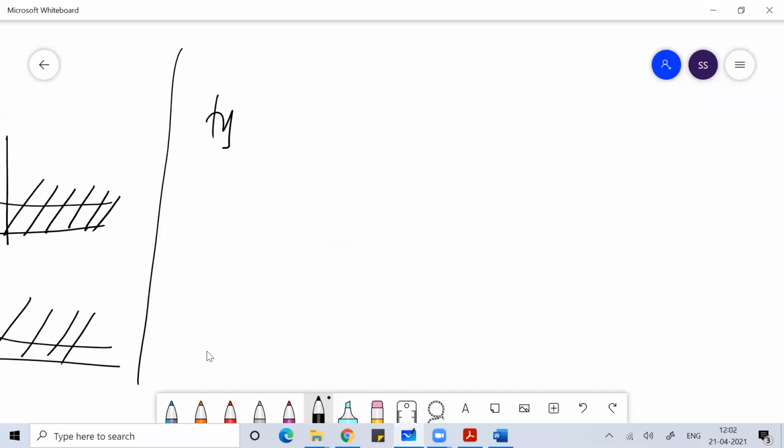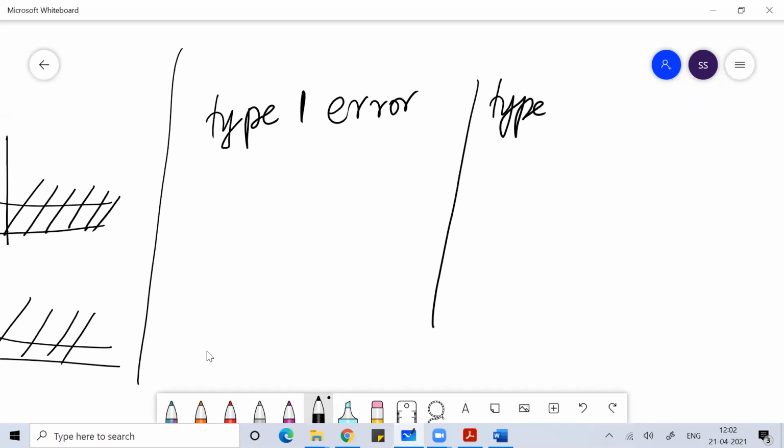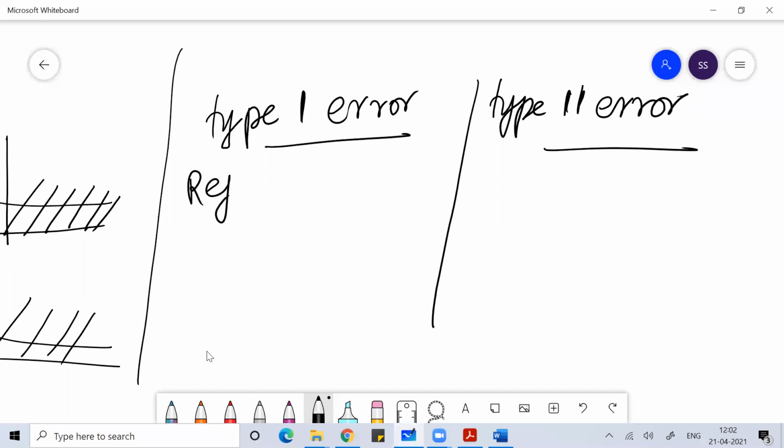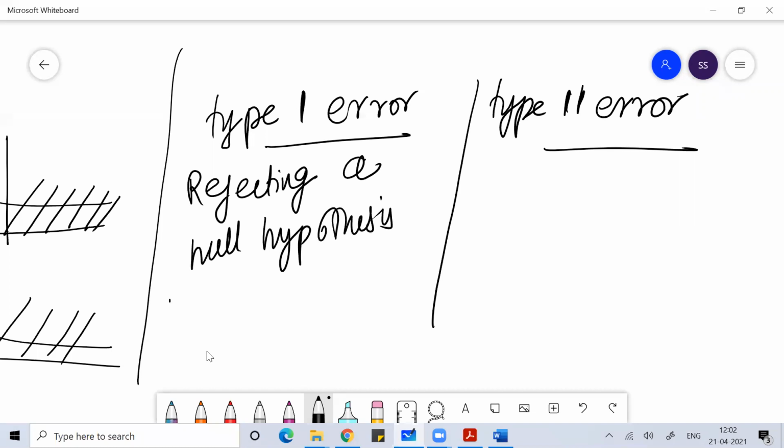So in exams you will get theory questions. One is type 1 error, another one is called type 2 error. Type 1 error means rejecting a null hypothesis when it is true. That is called type 1 error.